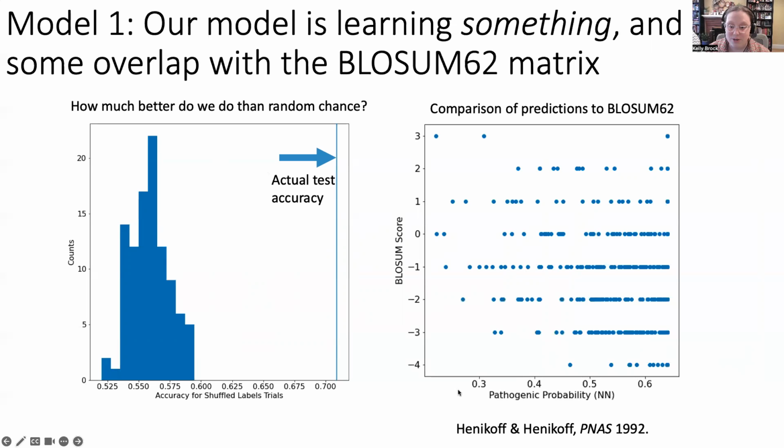I also wanted to compare against another source of external information. And for this, I used the BLOSUM62 matrix, which was first published in 1992. This is a bit of an industry standard that's very commonly used for aligning proteins from different species together.